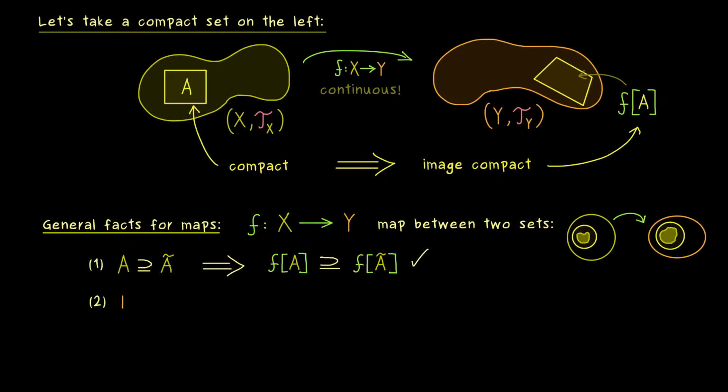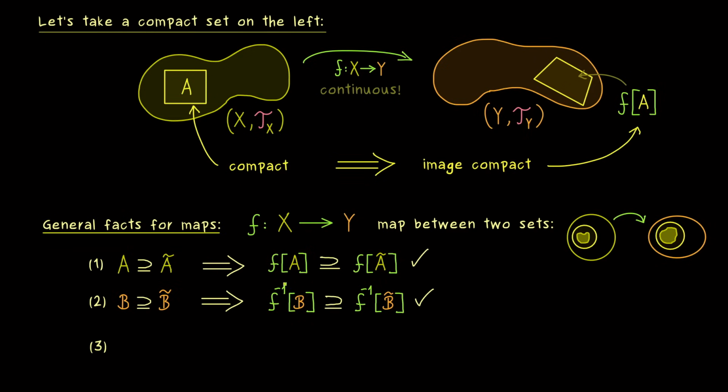And now on the other hand, we also have this for the preimage. So if we have two sets, B and B tilde on the right-hand side, we can look at the preimages on the left-hand side. And also there by definition, the subset relation remains. So these are two things you can immediately remember. The image and the preimage conserve the subset relation.